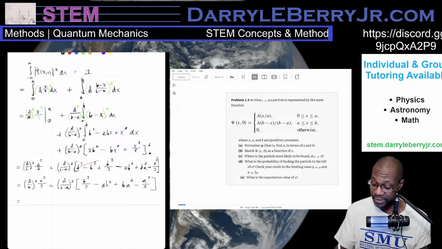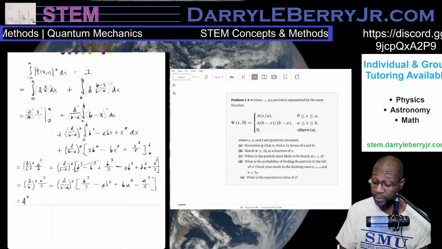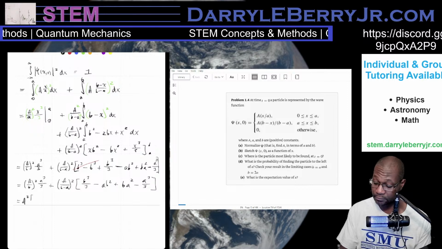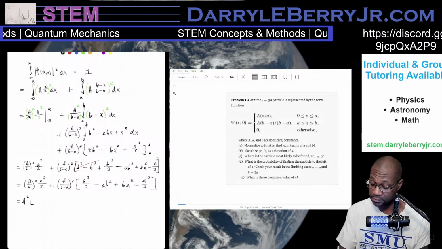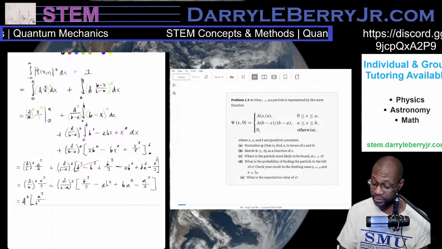So in this case, now we have a squared on the outside. So then we have a cubed over b squared 3 plus, and the a squared is taken out.